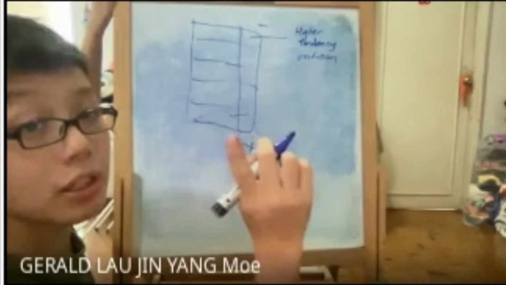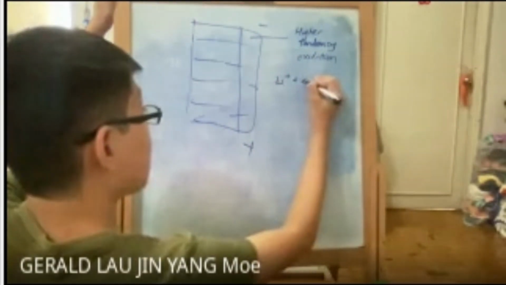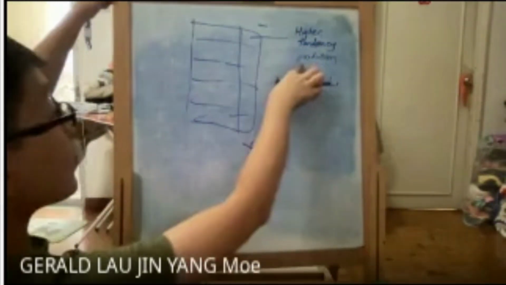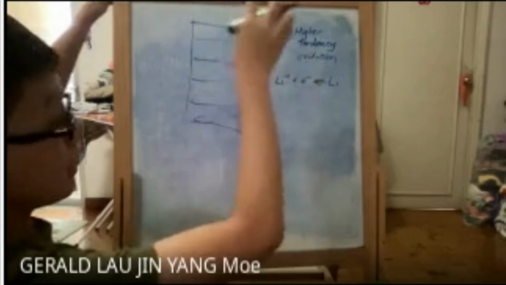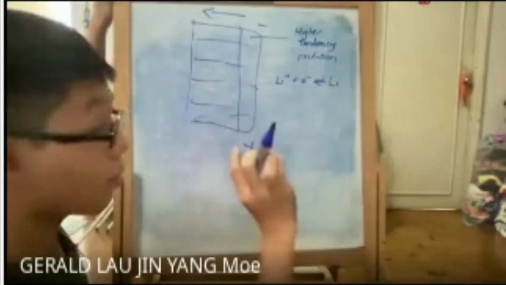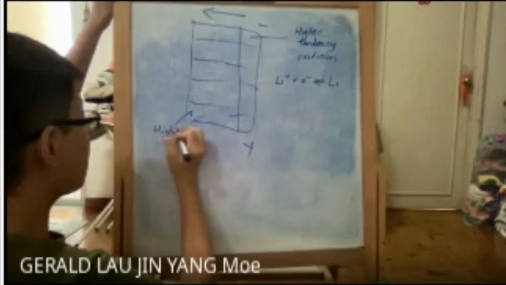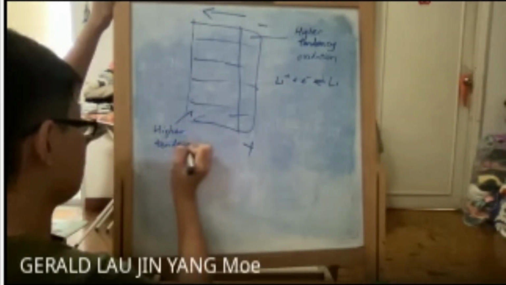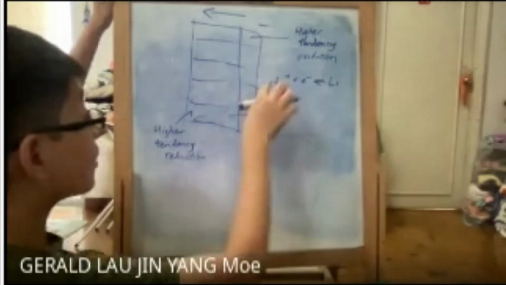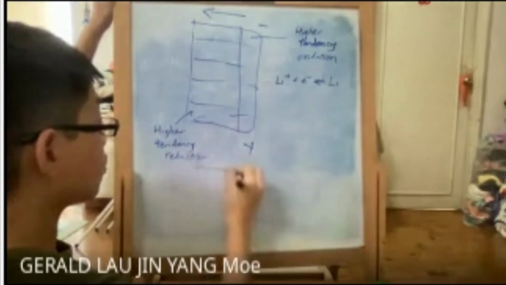Look at how it is arranged: the lithium ion accepts electrons and then forms the atom. So higher tendency to oxidise means it is easier for it to go from right to left. You have to remember this. Here, positive, higher tendency to undergo reduction. That means from left to right, it accepts the electron and goes to the right.